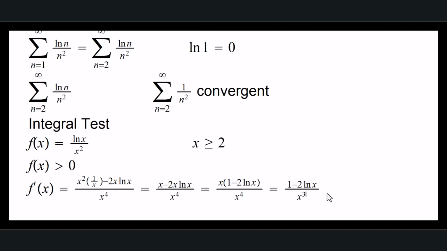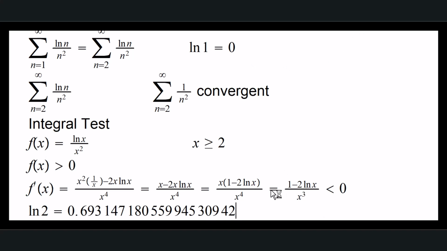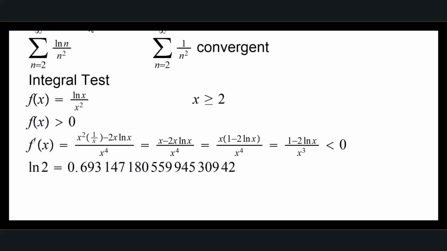And for x greater than or equal to 2, this quantity is less than 0, just because simply notice this. If we look at ln of 2, just a moment, ln of 2 is how much? 0.6931, etc. So 1 minus 2 ln of 2 is negative.